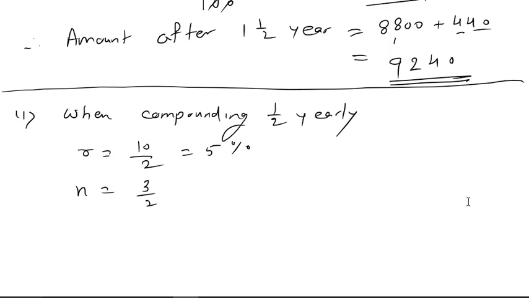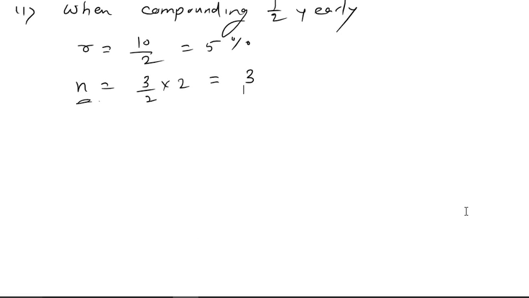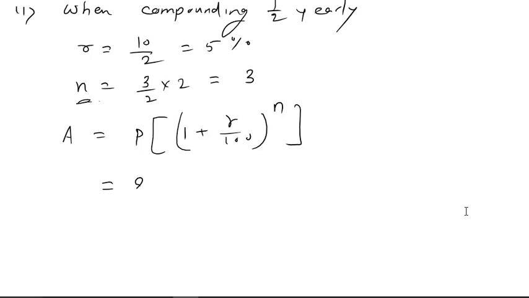I will multiply by 2 because we have half yearly, so period will become double, so it will become 3. And my amount after 1.5 year, A will become P into 1 plus R upon 100 power N, that is 8,000 into 1 plus 5 upon 100 the whole power 3.